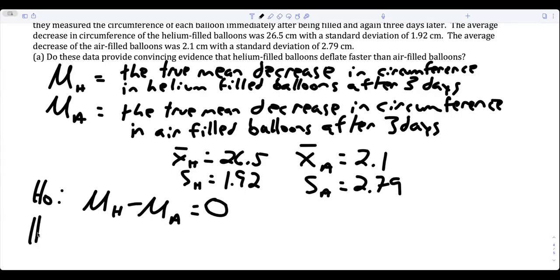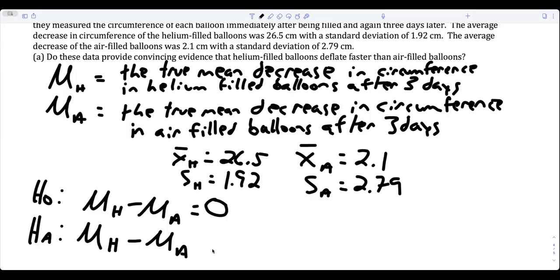Okay, and so my alternative hypothesis is going to be mu sub H minus mu sub A is what? Is this one-sided or two-sided? It's one-sided, okay? Is it greater than or less than? And that's going to depend on the stem of the problem. So it says, do these data provide convincing evidence that helium-filled balloons deflate faster than air-filled balloons?